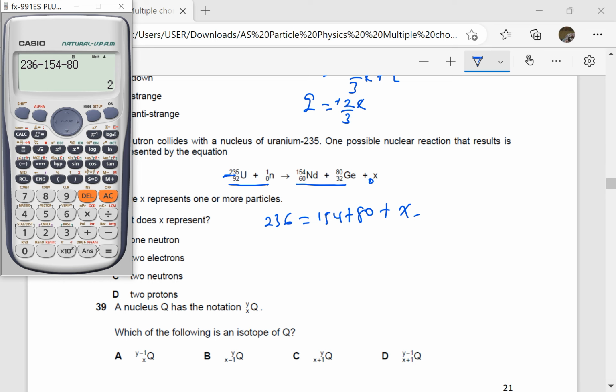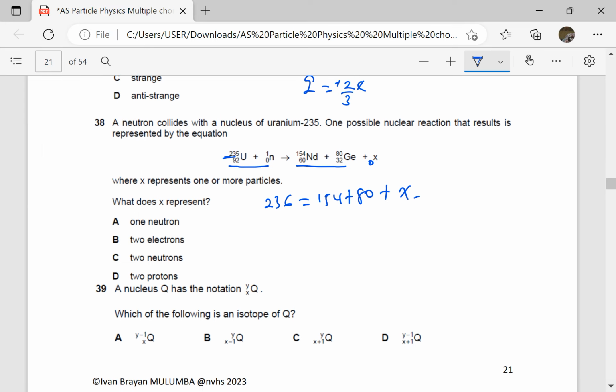That is 2. So X is going to be 2 neutrons, because it has no proton number. It can't be 1 neutron because we have got a 2. It can't be electrons because there is no charge there. So there are actually 2 neutrons.